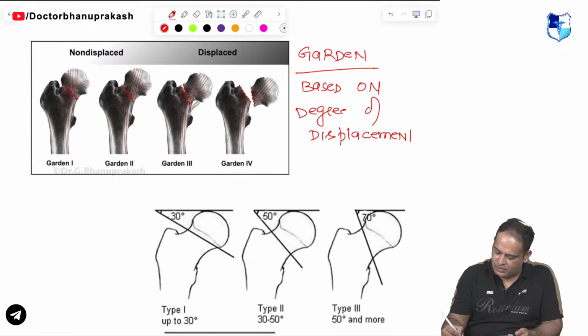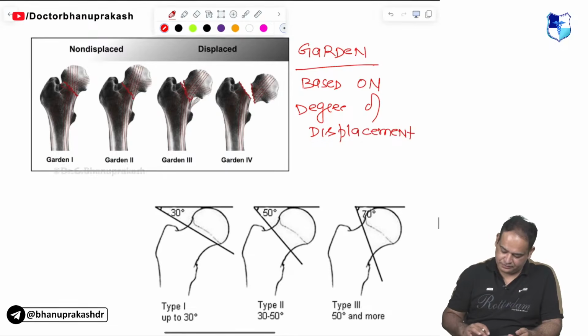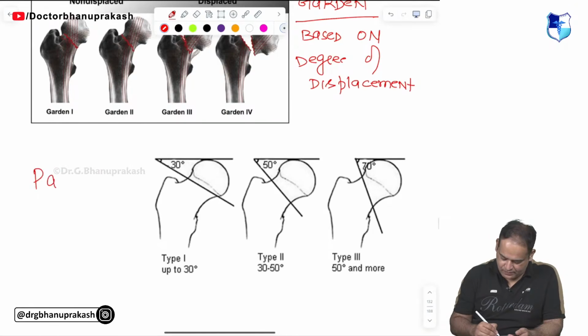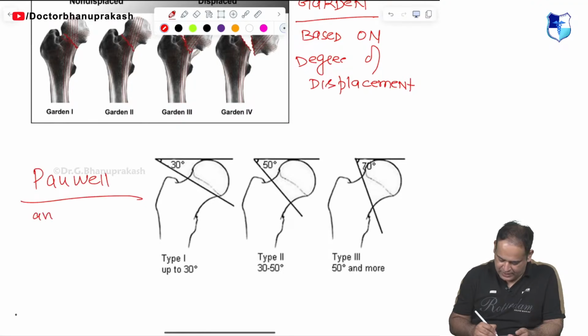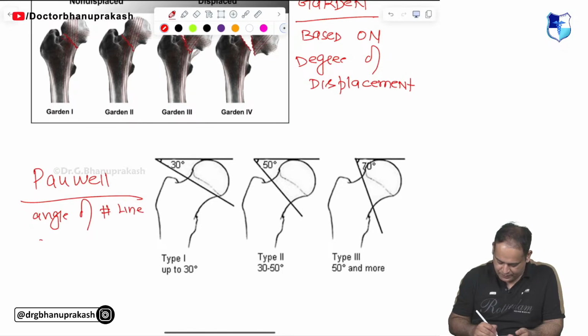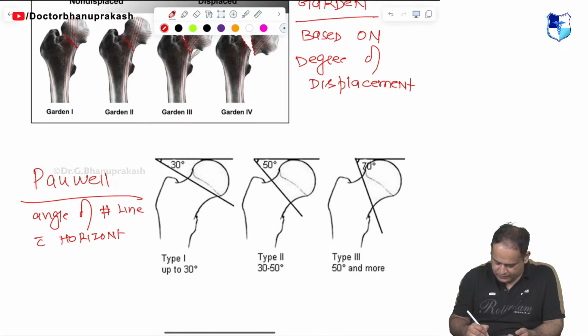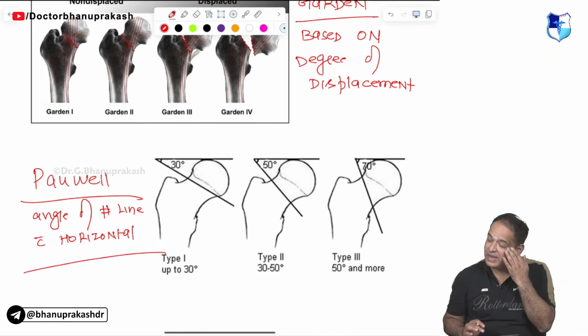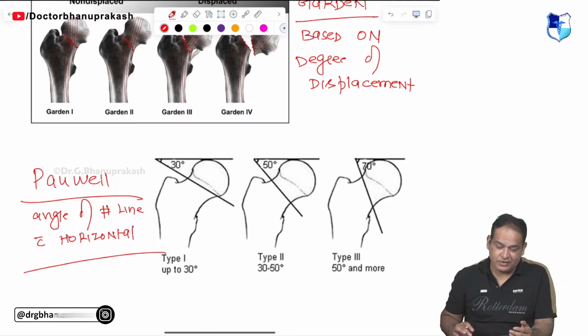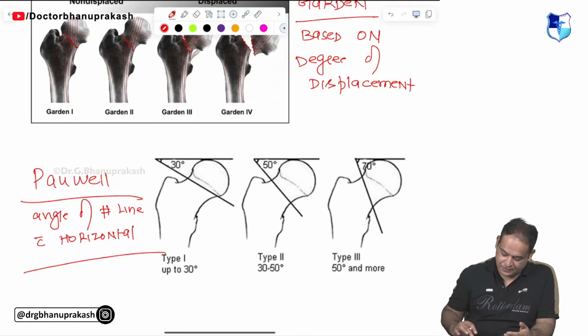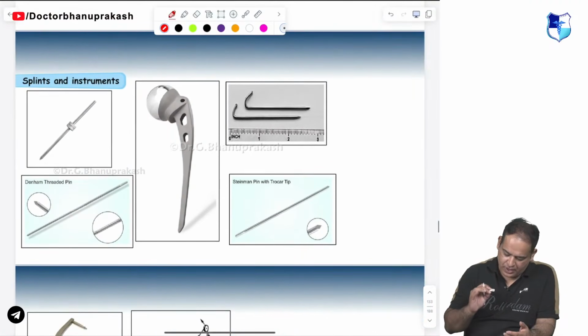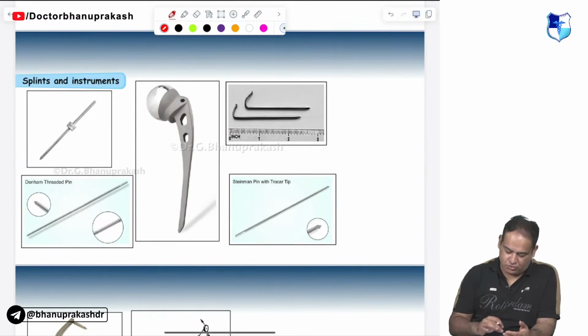And then Powell, it is based on angle of fracture line with horizontal, right? Just the names are important. Okay.